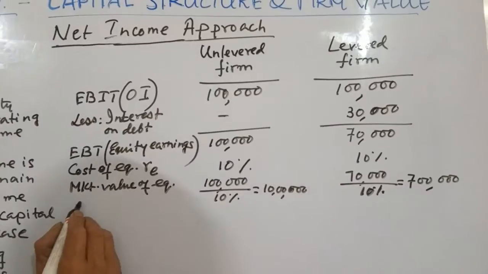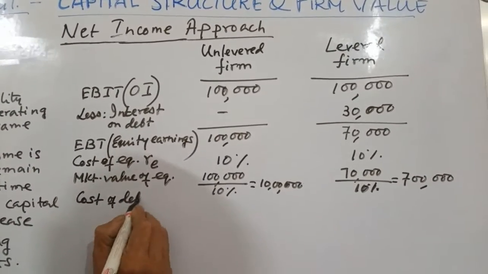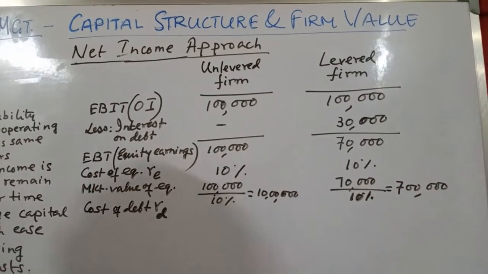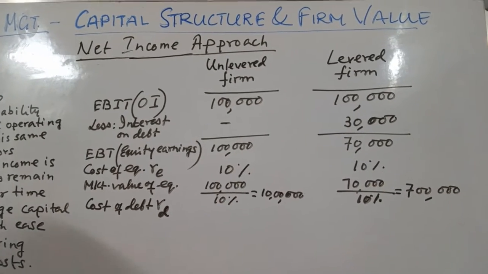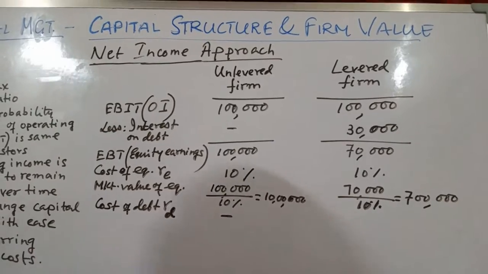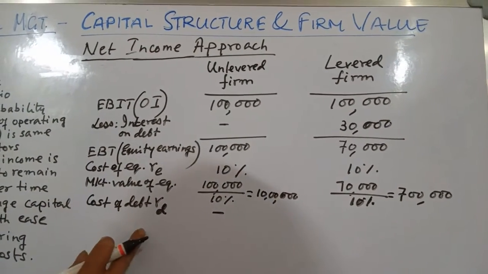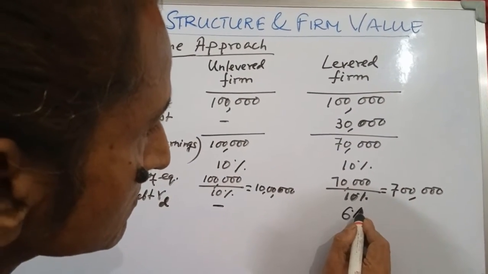Next, cost of debt, that is RD. The unlevered firm has no debt in its capital structure, so there is no cost of debt. And the cost of debt of the levered firm is 6%.